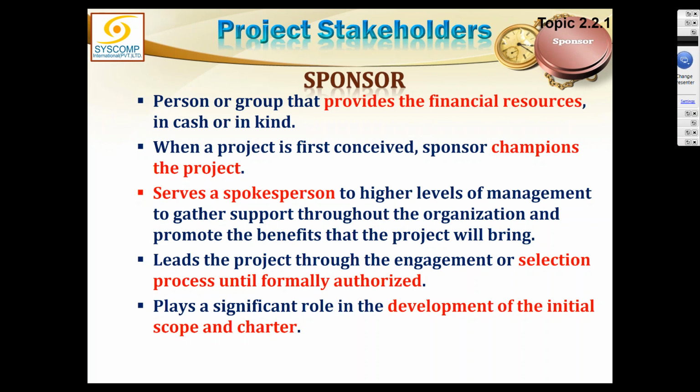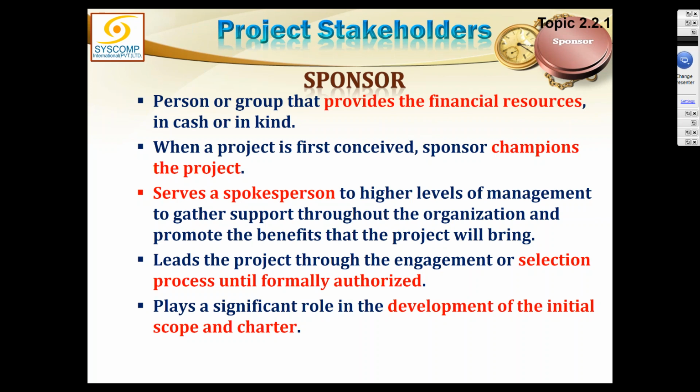So this person, the sponsor, plays a significant role in the development of the initial scope and charter of the project, and naturally after this role he would be available only on exceptions. It is called management by exception. That means you assign the responsibility to the responsible person and then sit back and just watch.